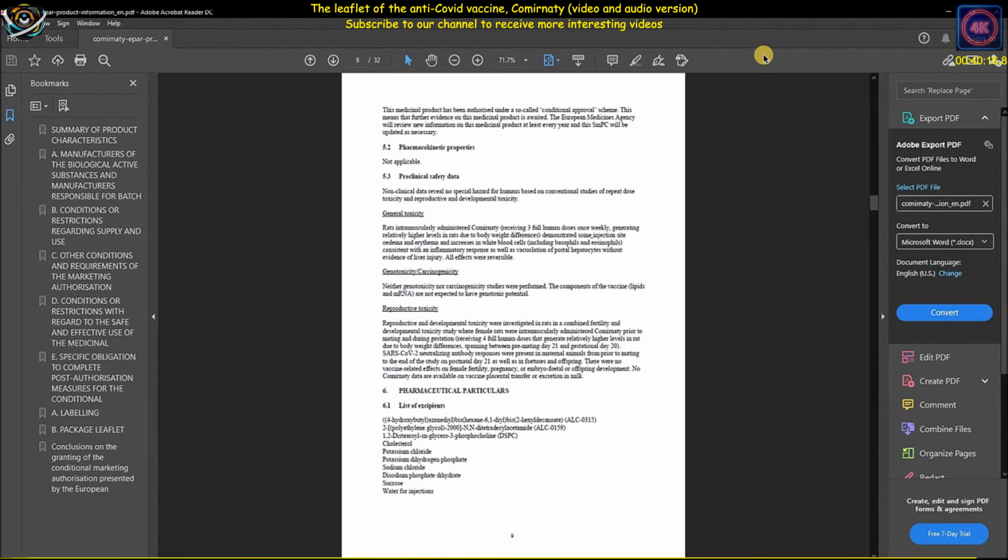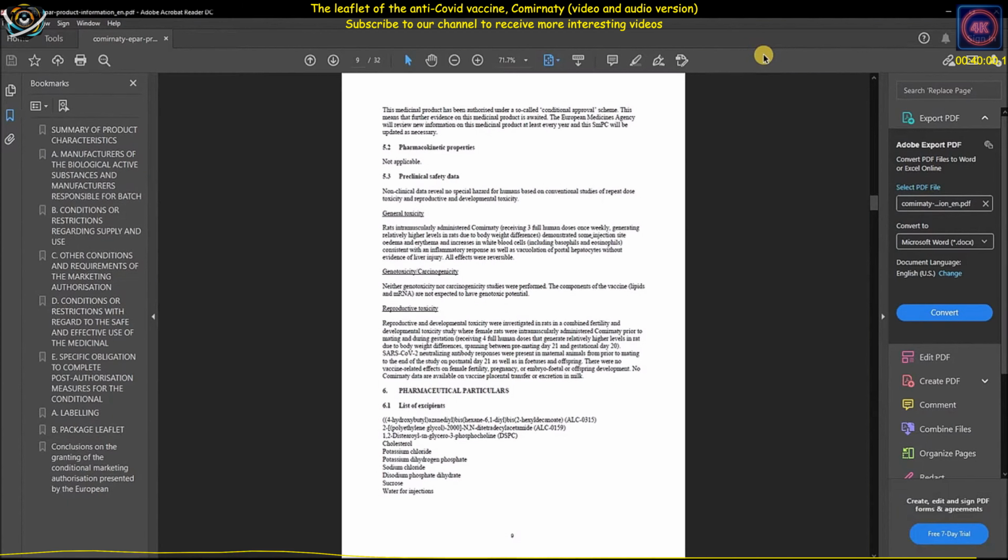5.2 Pharmacokinetic properties. Not applicable. 5.3 Preclinical safety data. Non-clinical data reveal no special hazard for humans based on conventional studies of repeat dose toxicity and reproductive and developmental toxicity. General toxicity.